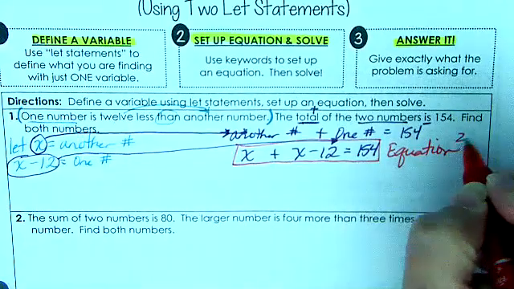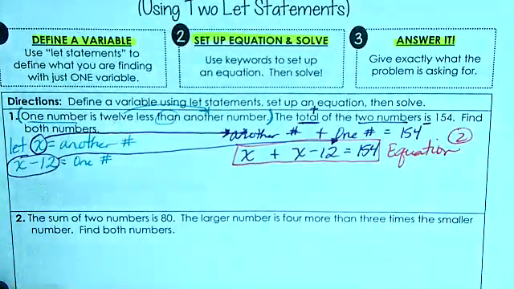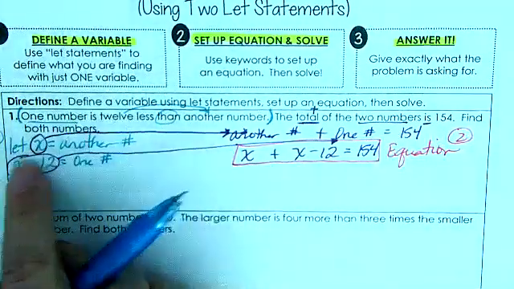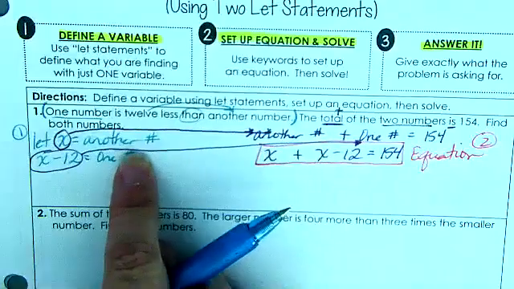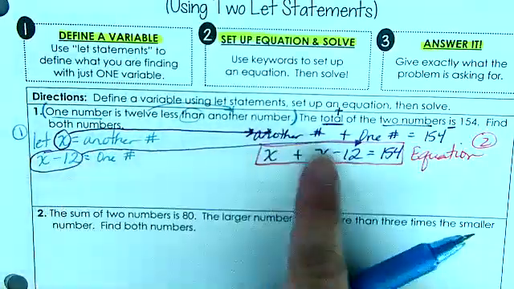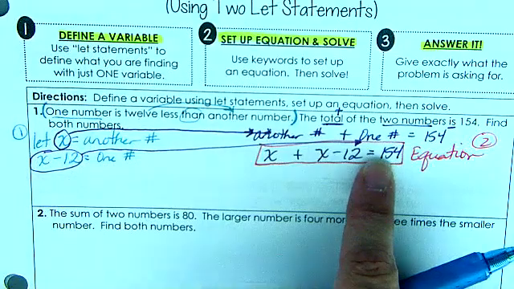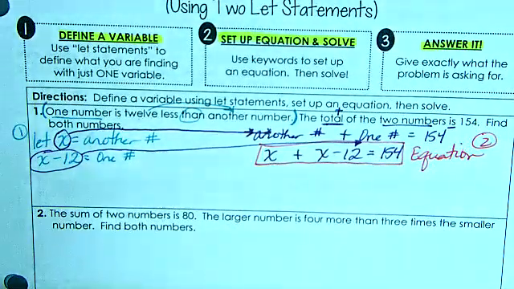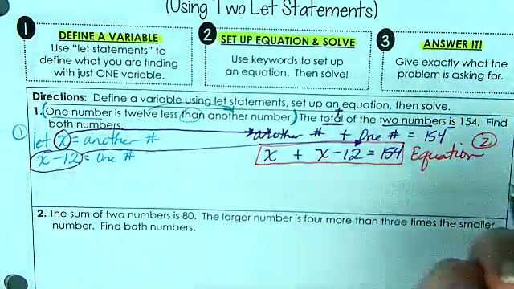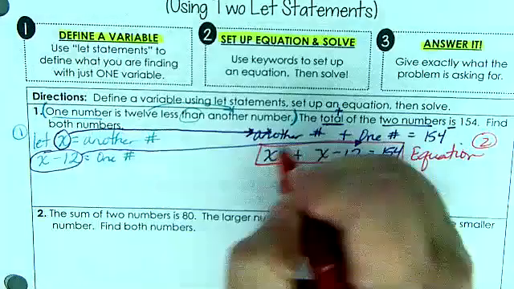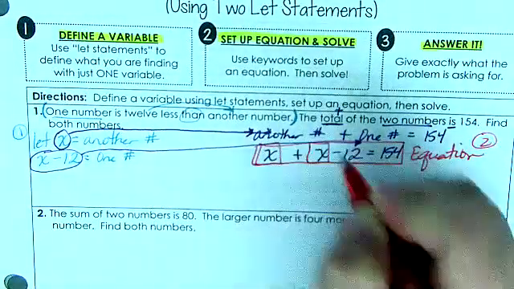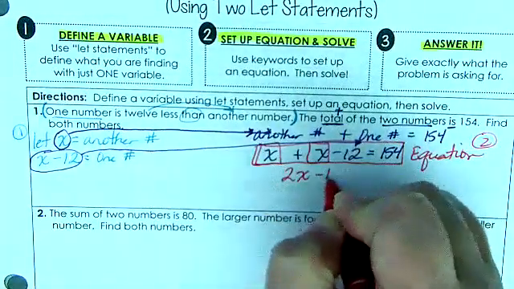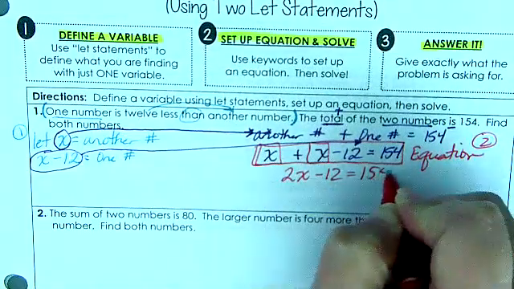So this is part 2. This is part 1 where we define the variable. This was writing the equation. And now we solve. So I'm going to combine my like terms, and I end up with 2x minus 12 equals 154.